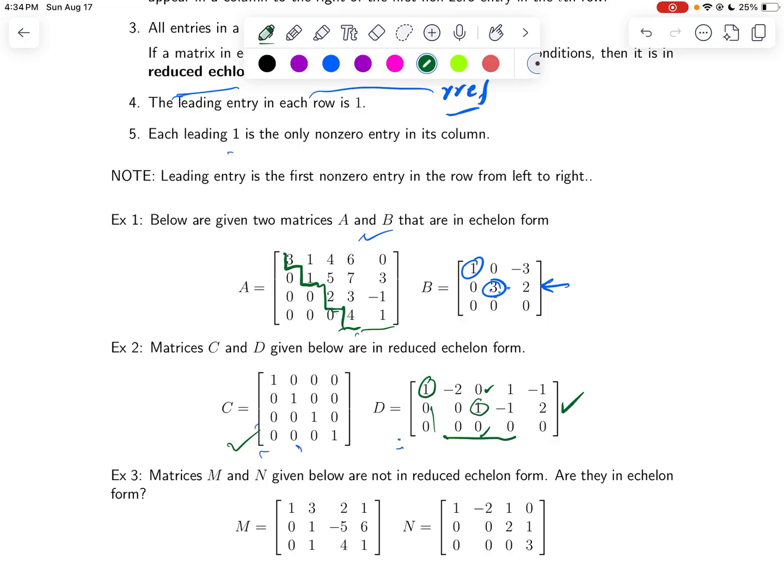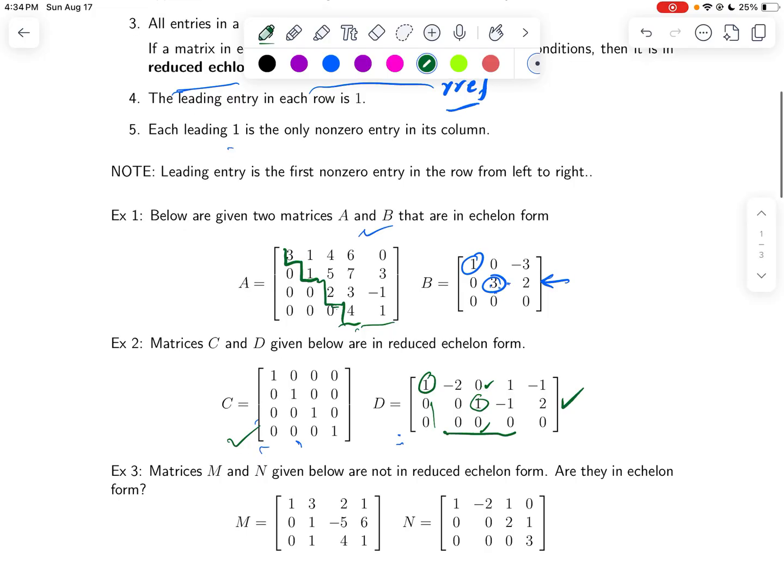The next two are not in echelon form, so reduced echelon form. And why? Okay, so the first condition is that if there is a row of zeros, it should be at the bottom. When I look at both M and N, there is no row of zeros, so the first condition is void.